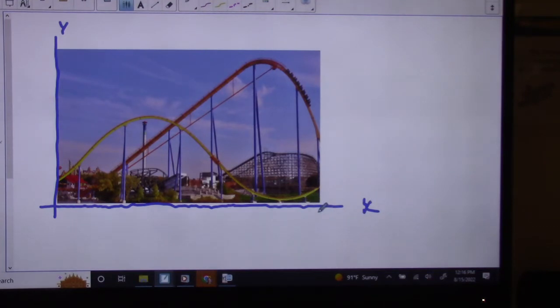So anyway, we've got an XY coordinate plane, and what we're trying to do with the calculus roller coaster is find the slope at a point. I'm going to make it red. Is it easy to find the slope at this point?